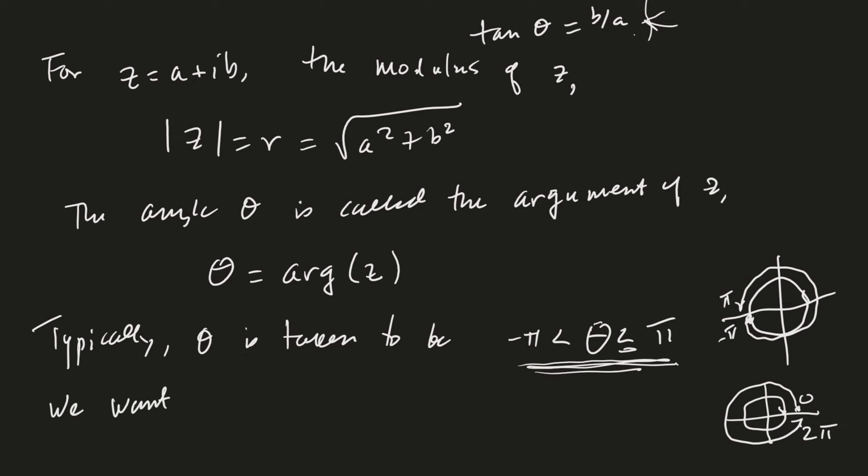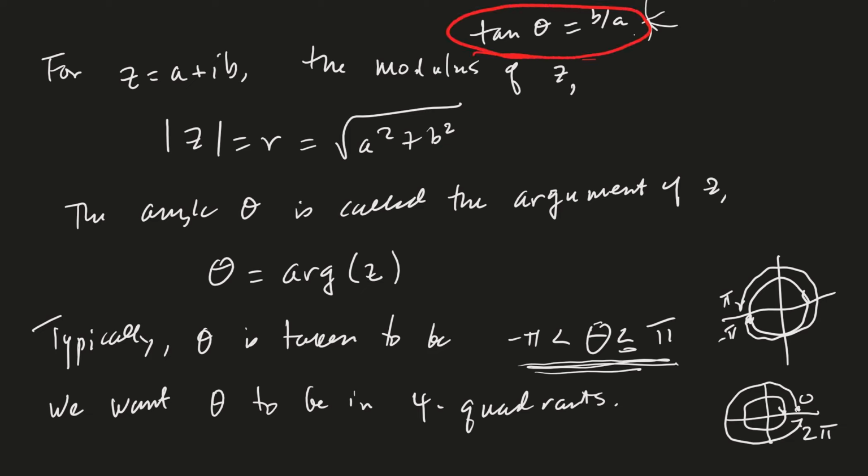Okay, but in any event, the idea is we want theta to be in the 4 quadrants, right? And so this is getting back to my original pause here, that if I take tangent of theta to be b over a, I'm going to run into trouble.